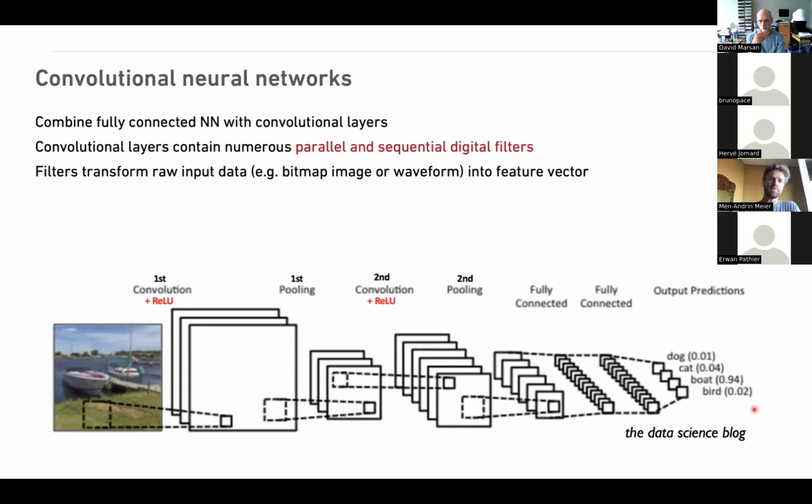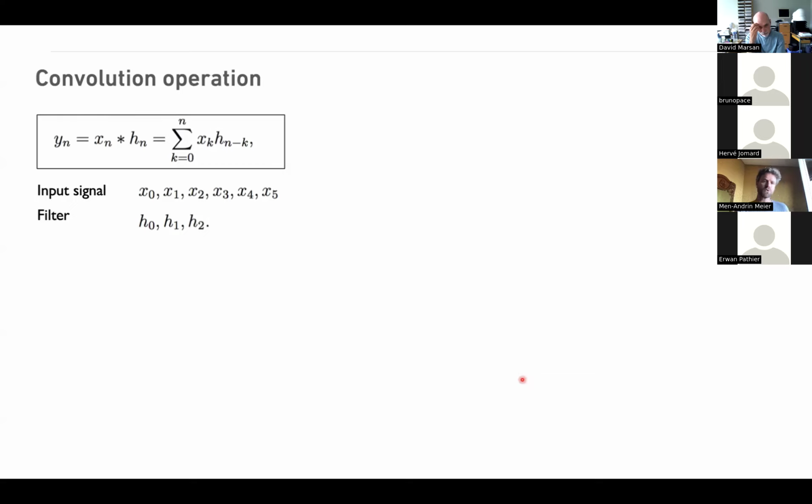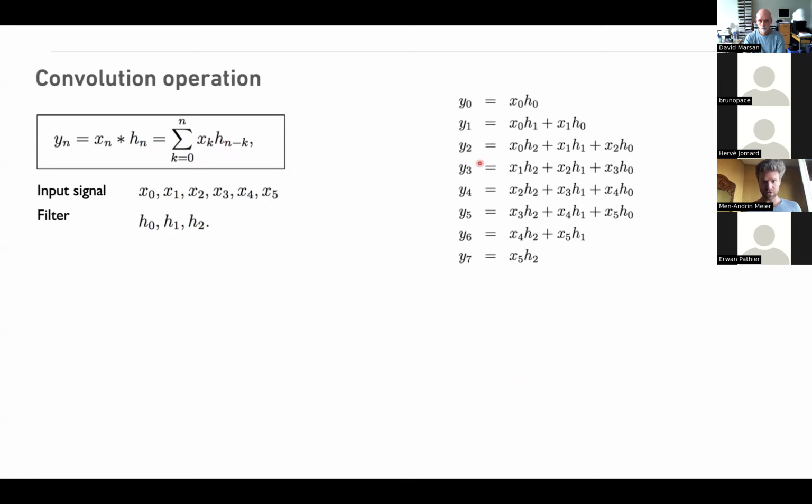And so what is this convolution operation that is happening in these convolutional layers? A convolution is a mathematical operation that folds, we say, an input vector x with the convolution vector. If you write this out in terms of the components, you have a vector x0 until x5, and you convolve with an operator h0, h1, h2, and you get some other output vector.